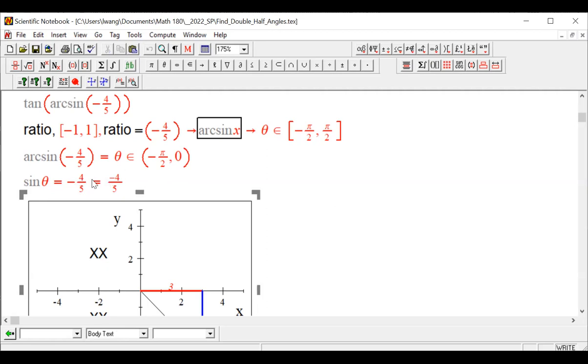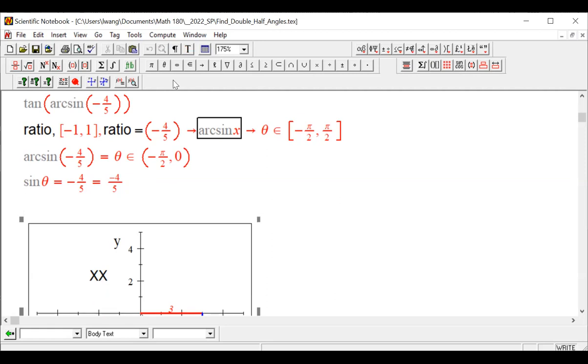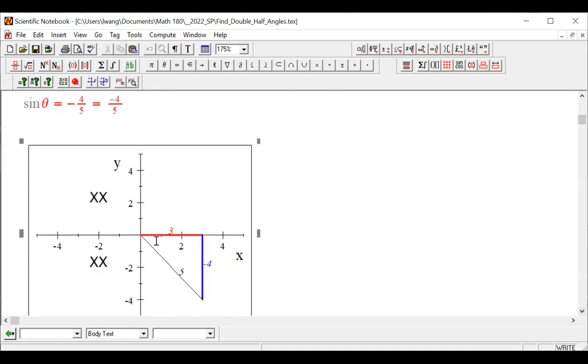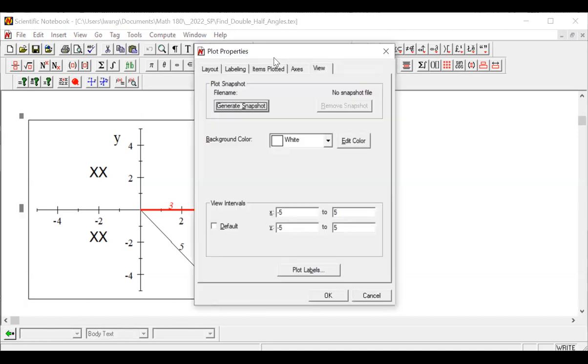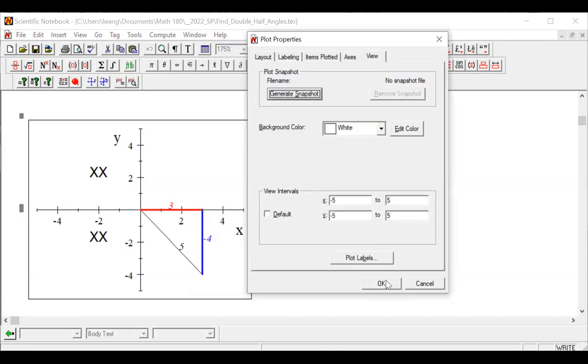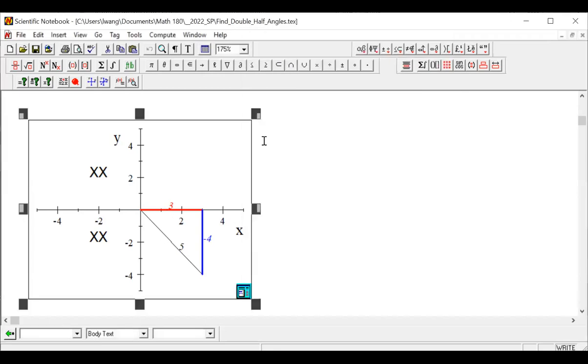So we're almost there. From sine theta equals -4/5, we can find cosine theta, right? So what is the theta? Let's mark the theta. The theta, of course, is this angle theta, right? This angle measured clockwise. It's going to be hard for me to write theta because it doesn't show the angle, so I'm just going to show you here. This is theta.